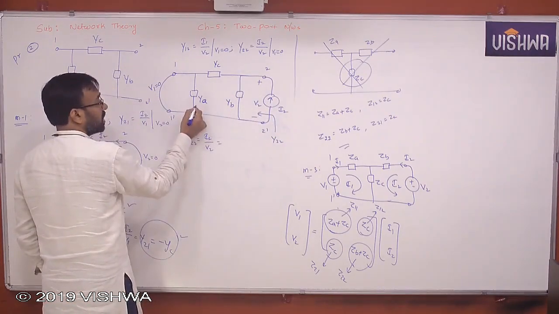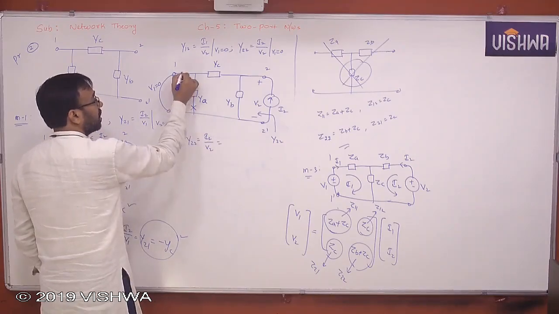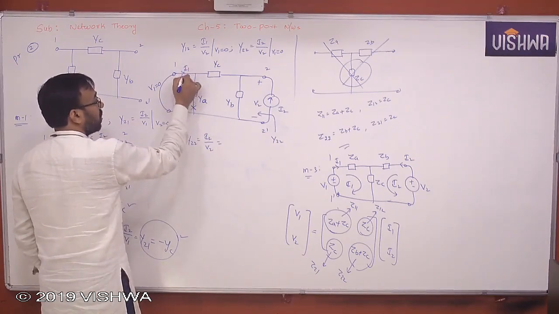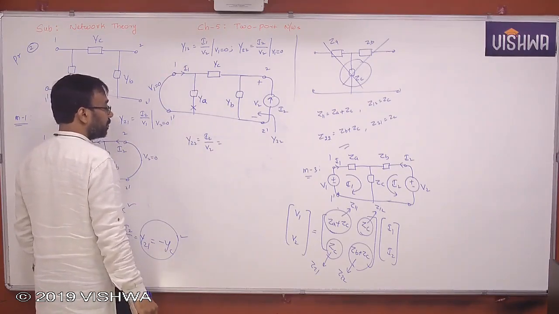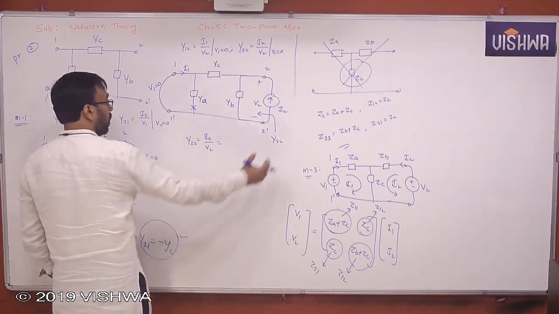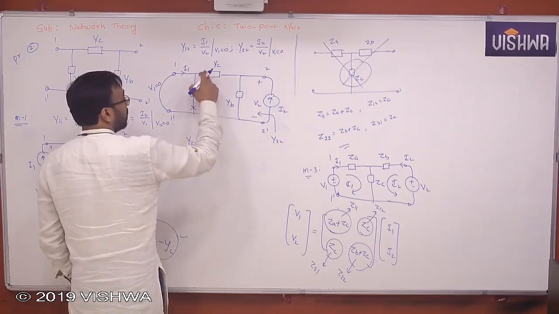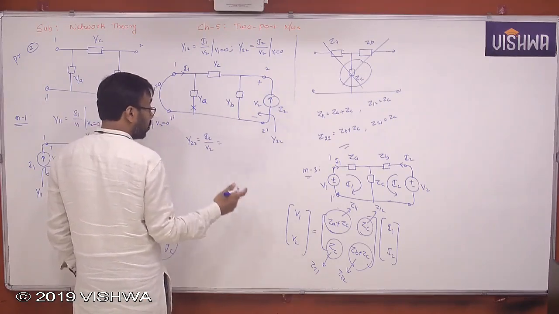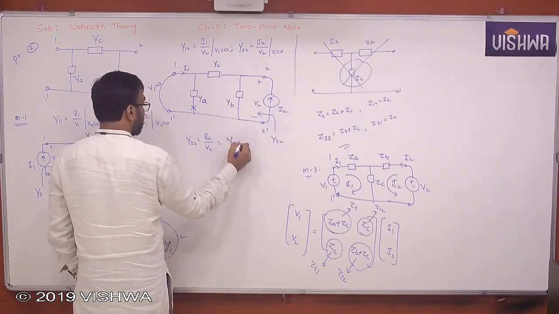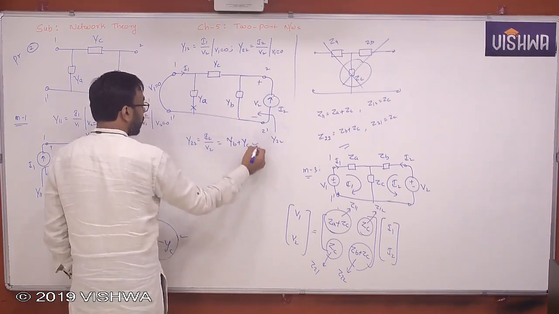When V1 is 0, YA gets neglected. Some current I1 flows here; if I connect an ammeter, it reads some value. That current I call I1. So when you look into the network here, this is neglected. Now YC and YB are parallel, so for a parallel combination I can add admittances. So Y22 is YB plus YC.